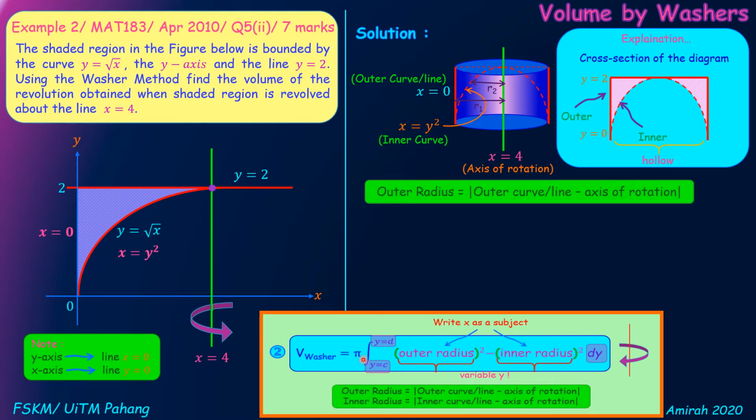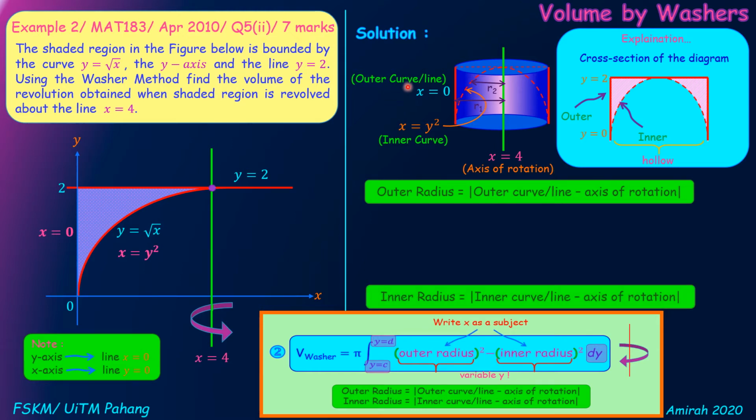After that, from this formula, we need to find the outer radius. Outer radius equals to modulus of outer curve or line minus axis of rotation, and inner radius equals to modulus of inner curve or line minus axis of rotation.